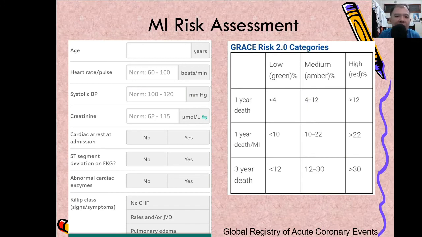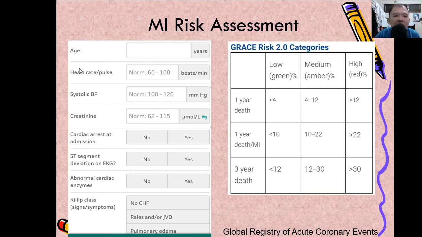In the development of this tool, there is a tally of different cases of myocardial infarction, and they were able to take note that the risk factors of myocardial infarction are dependent on the following.